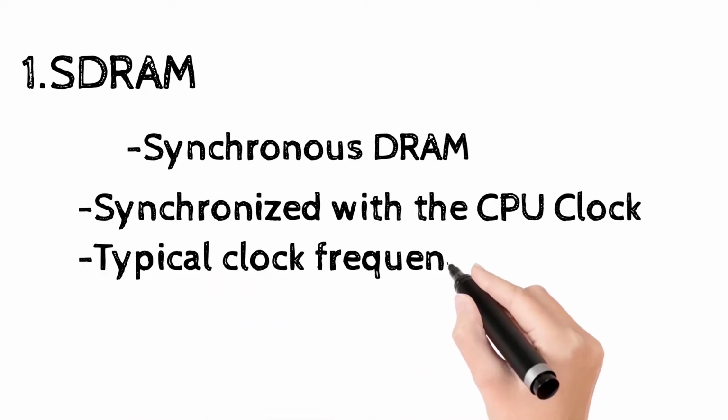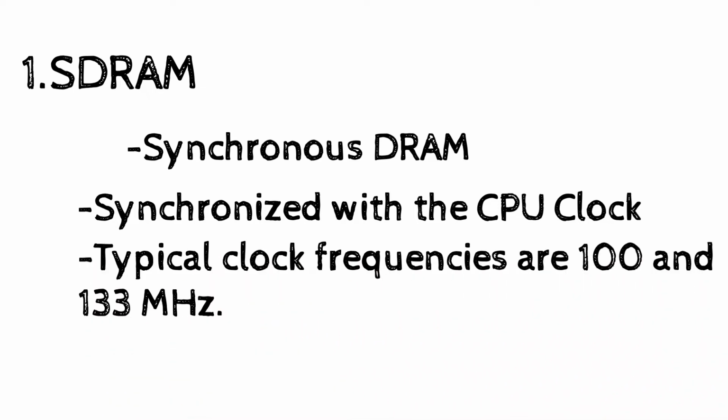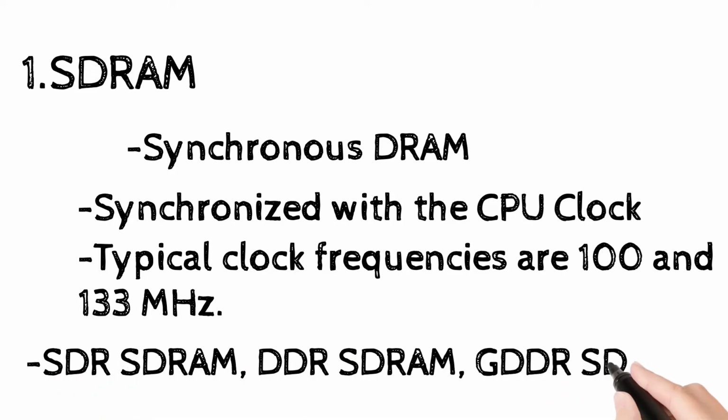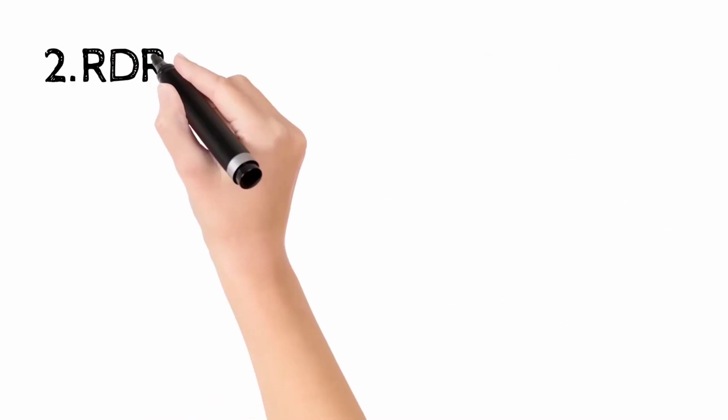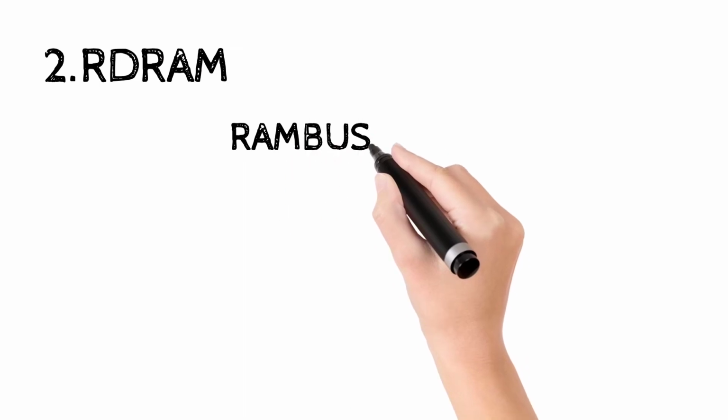The typical clock frequencies are 100 and 133 MHz. SDRAM has multiple bank internal architecture that improves opportunities for on-chip parallelism. There are also SDR SDRAM, that is single data rate SDRAM, double data rate SDRAM, DDR SDRAM, and graphics double data rate SDRAM, GDDR SDRAM.